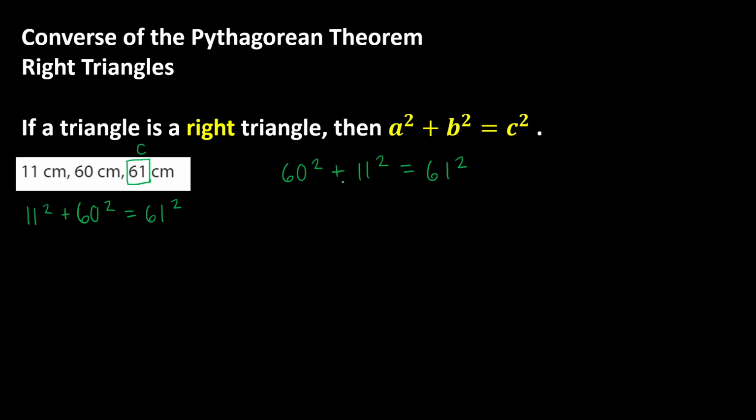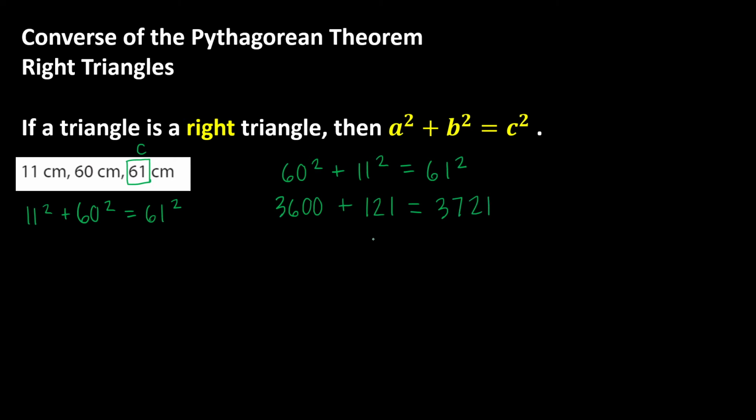Okay, so calculating using order of operations, exponents come first. So 60 squared is 60 times itself, and that is 3,600. Plus 11 squared, which is 121, and that's equal to 61 squared, which is 3,721.